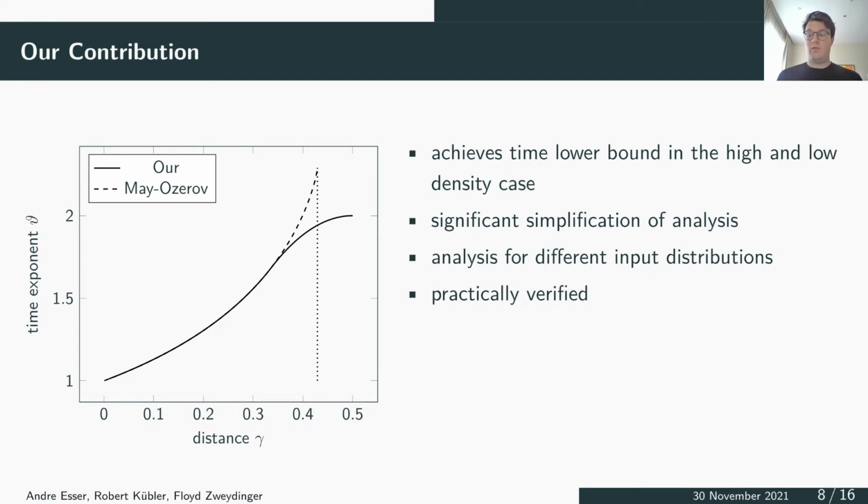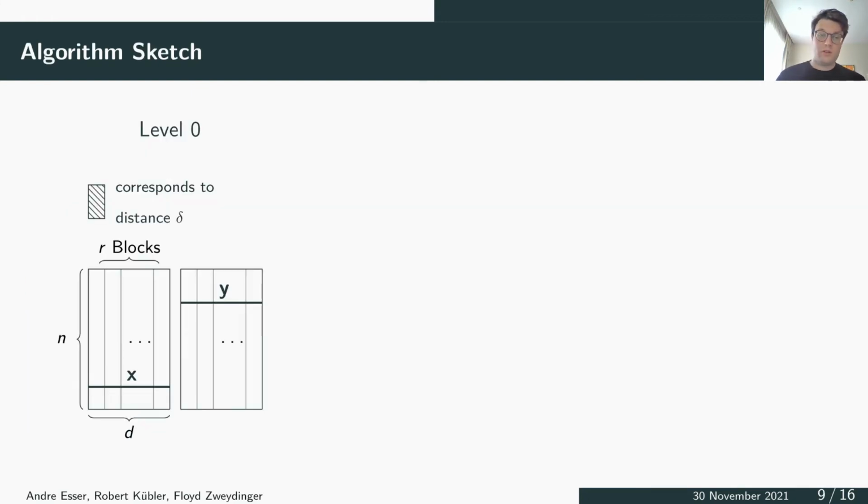So finally, we are able to have a look into our algorithm. As before, we start with our two input lists L1 and L2, both of size n and dimension d. The first thing we are doing is chunking every element into R equally sized blocks. Don't let yourself be distracted by the blocks that much. They are only an algorithmic tool to argue about the independence of the different levels we are about to see.